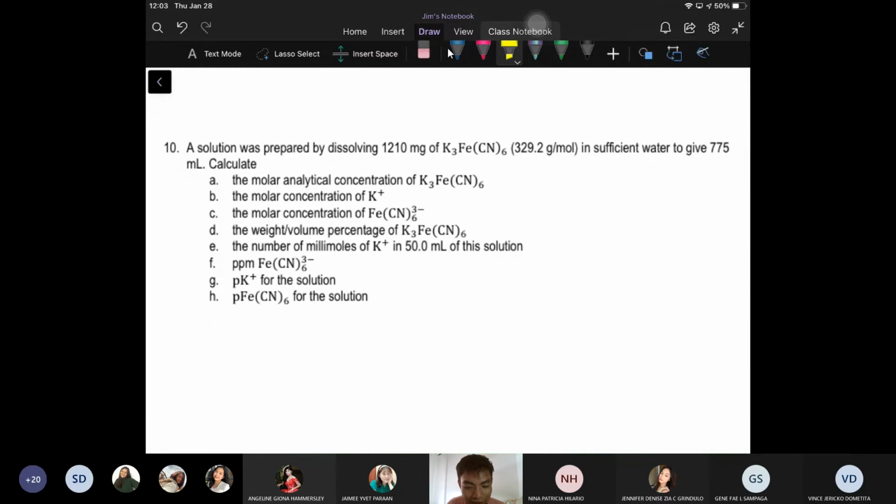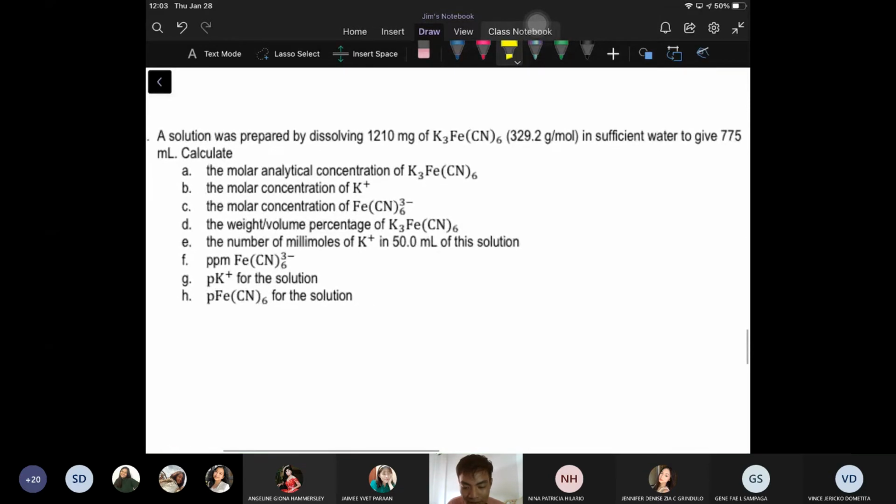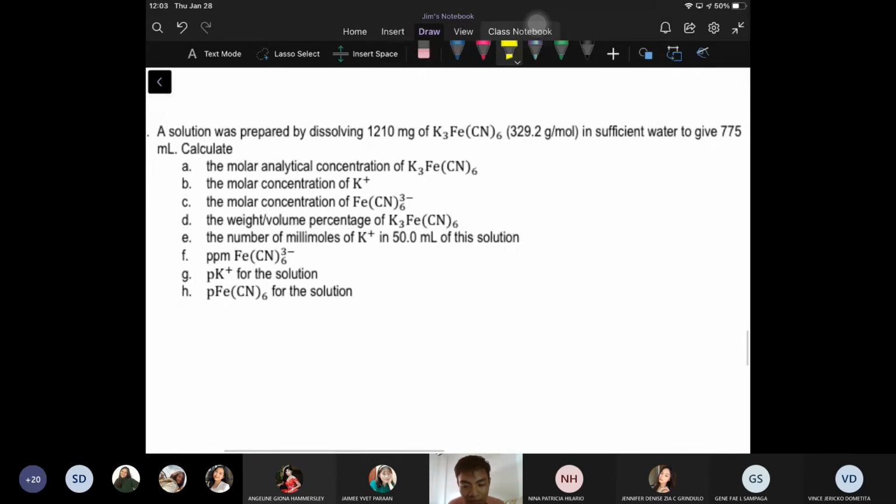So, ito yung nasa PowerPoint. A solution was prepared by dissolving 1210 milligrams of potassium ferric hexacyanide. Paano ko babasahin to? Complex kasi to eh. So, K3FeCN6.